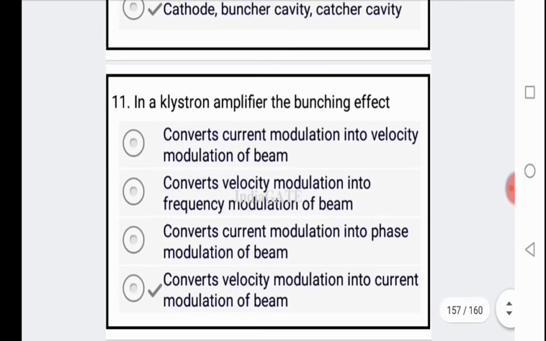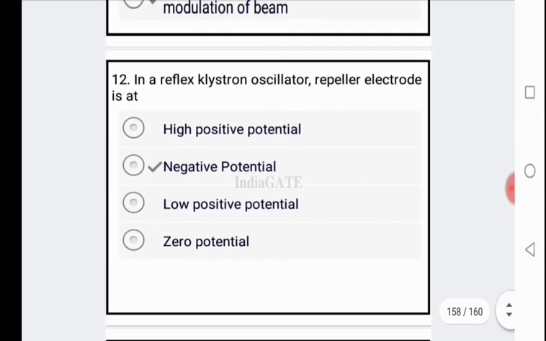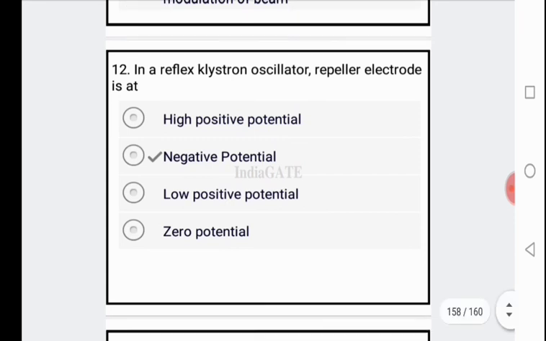In a klystron amplifier, the bunching effect converts velocity modulation into current modulation of the beam, option D. Next question. In a reflex klystron oscillator, the repeller electrode is at negative potential. Option B is correct.